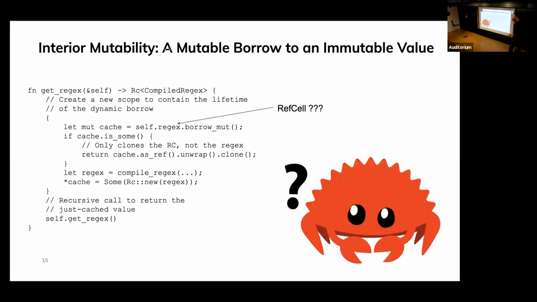So that was a very interesting pattern for me, and that's the only bigger piece of code that I'm actually going to show: this notion of interior mutability. What interior mutability means in the Rust book is a mutable borrow to an immutable value.